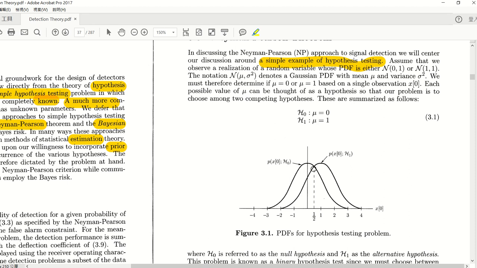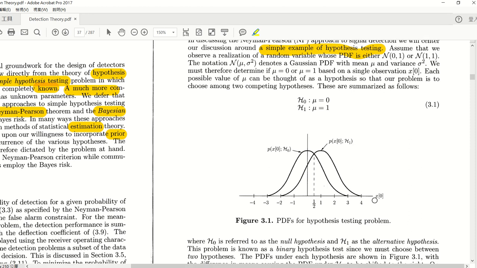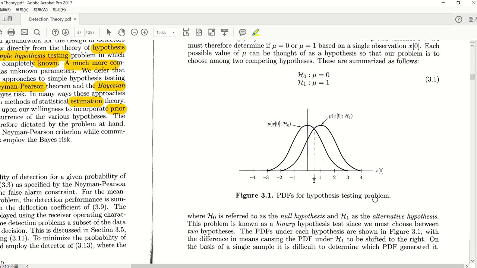If we just do not look at 1/2 for now, you see two different distributions, and the problem is, how do you set up a threshold to decide which hypothesis it is for a given observation?